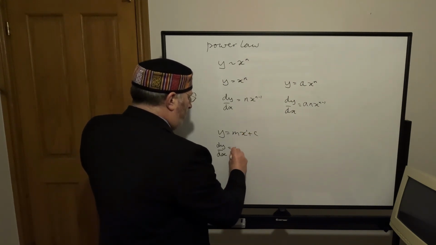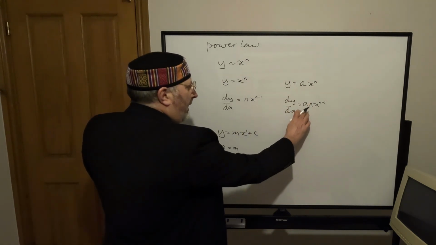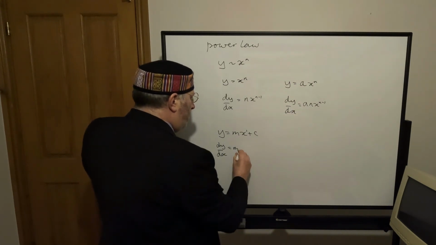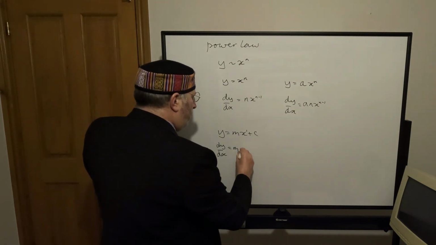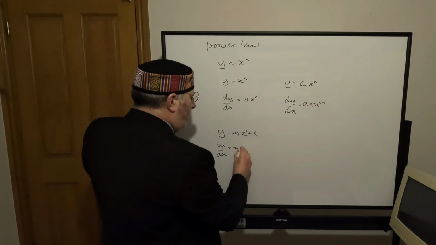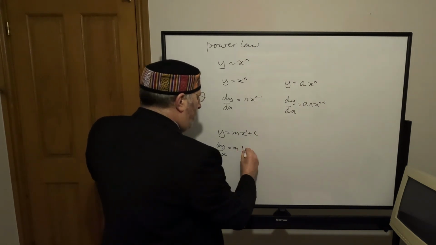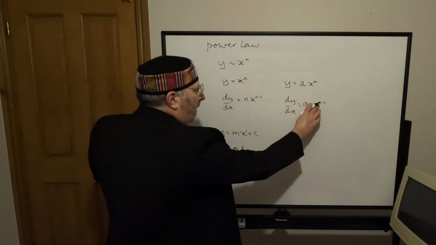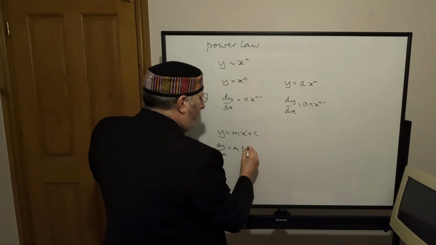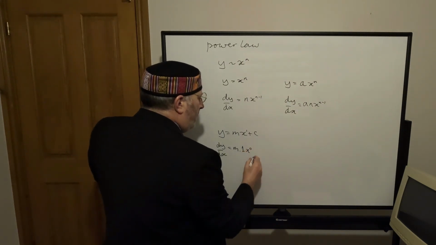So this is using here a times n, a dot for multiplication, m times 1, which is n, times x to the n minus 1. n is 1, so n minus 1 is 0.